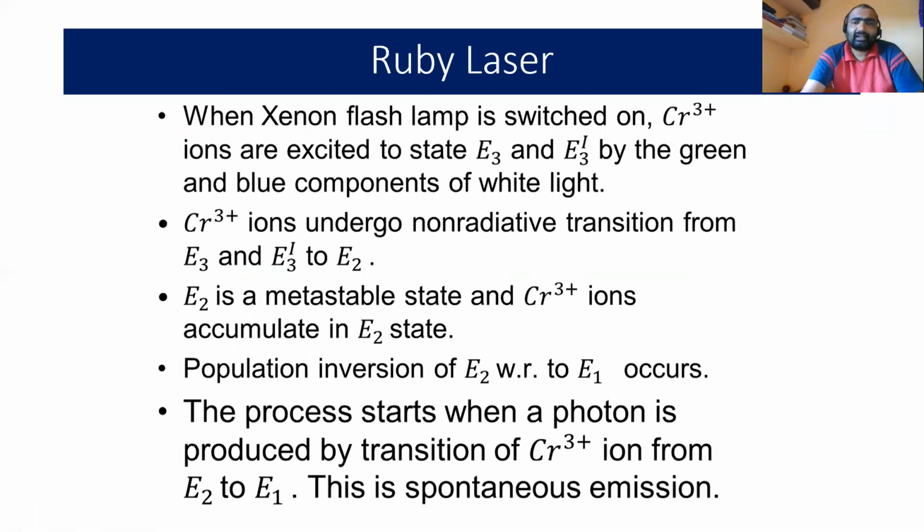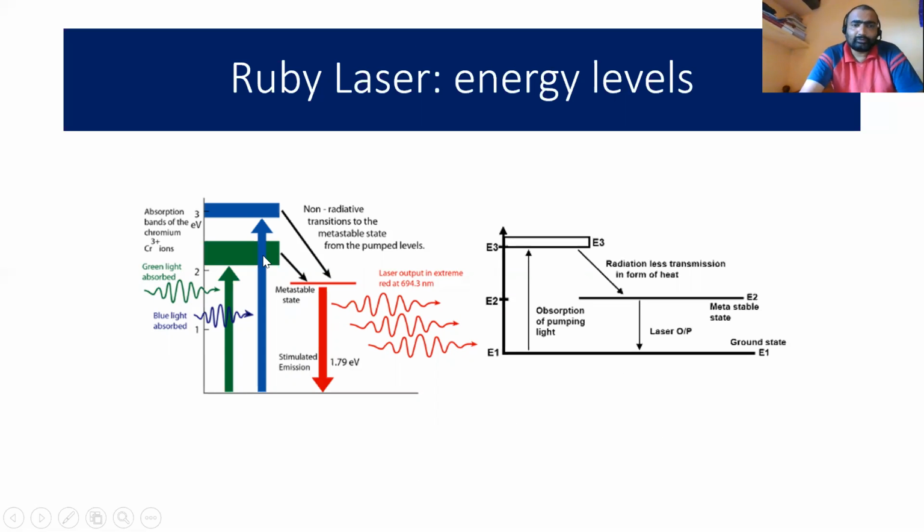Chromium ions undergo non-radiative transition from E3 and E3 dash to E2. Which means that the states E3 and E3 dash, indicating the excitation of the chromium ions by absorption of green photon and blue photon, both drop to the E2 state by non-radiative transition, which means that there is no emission of light during this process.